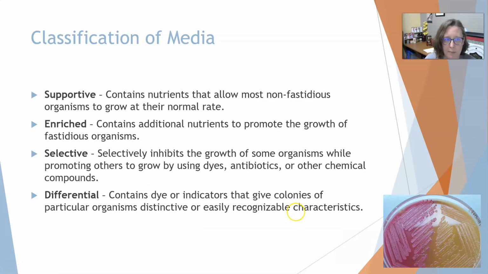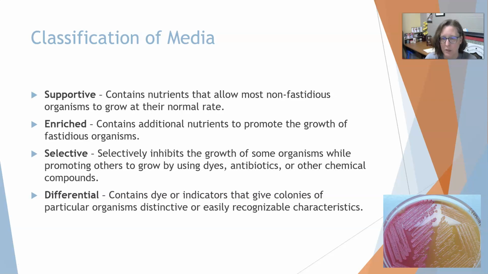Then we can classify media into different types. So supportive media contains nutrients that will allow most non-fastidious organisms to grow at a normal rate. So what is non-fastidious? It means just not picky, if you will. Fastidious organisms are just picky eaters that have to have conditions just right for them to grow with the right type of nutrients, etc. So these guys that can grow on supportive media usually are just run-of-the-mill.